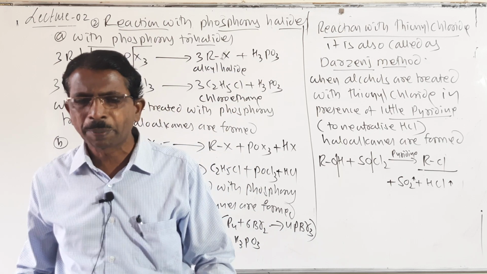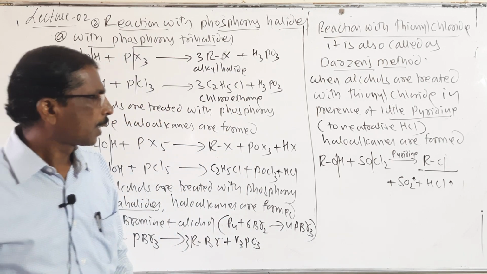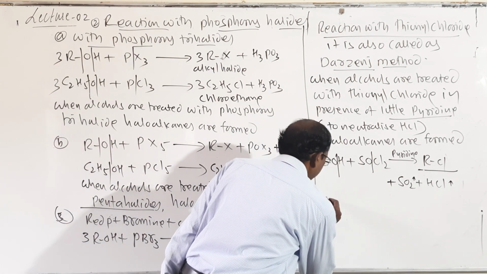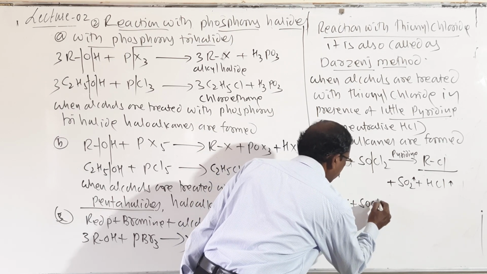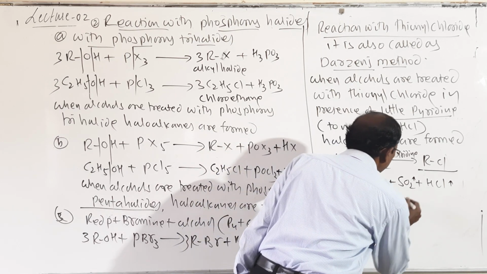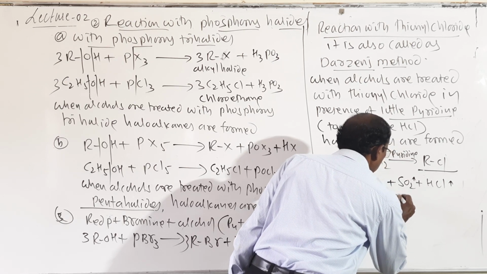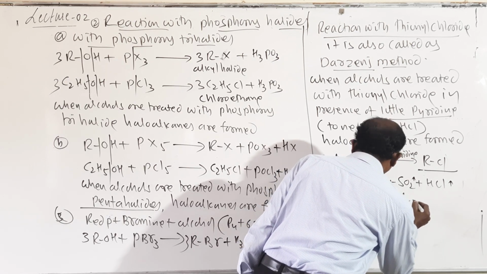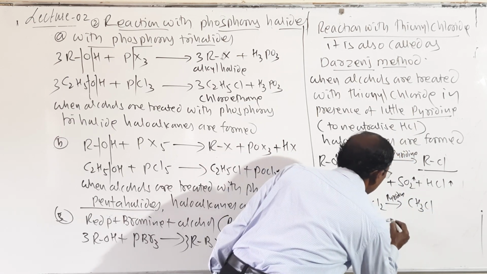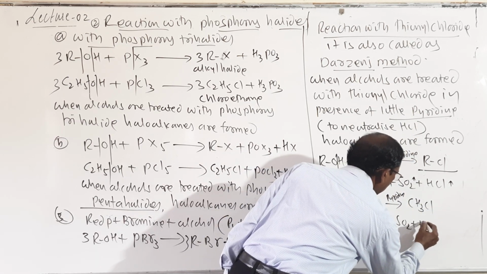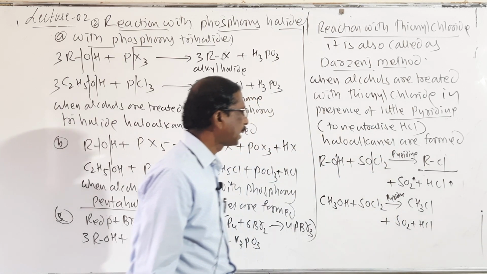Look here students, this may be asked in the examination, and you may write an example: CH3OH plus SOCl2 in presence of pyridine gives CH3Cl plus SO2 plus HCl, that is methyl chloride.